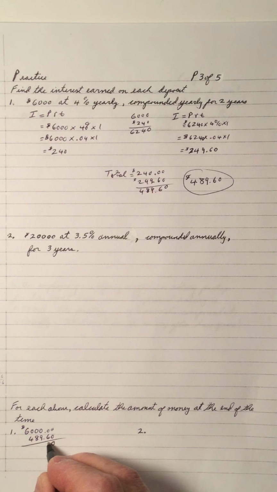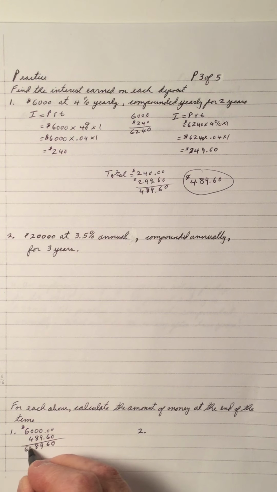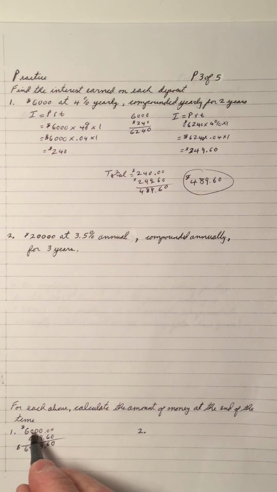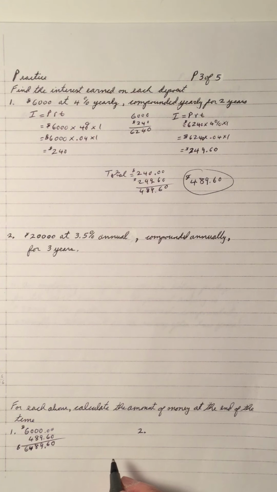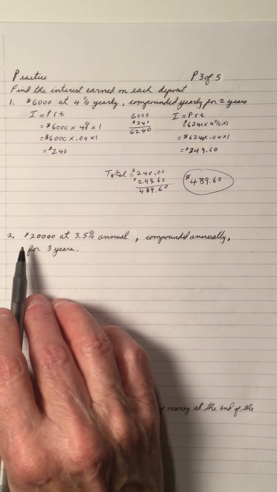So the total you would have in the bank at the end of the second year is your $6,000 plus your interest. So you had $6,489.60. Compounding it.